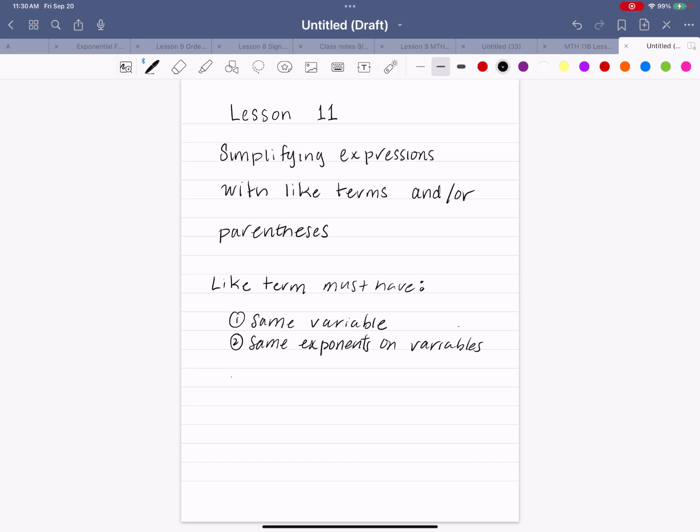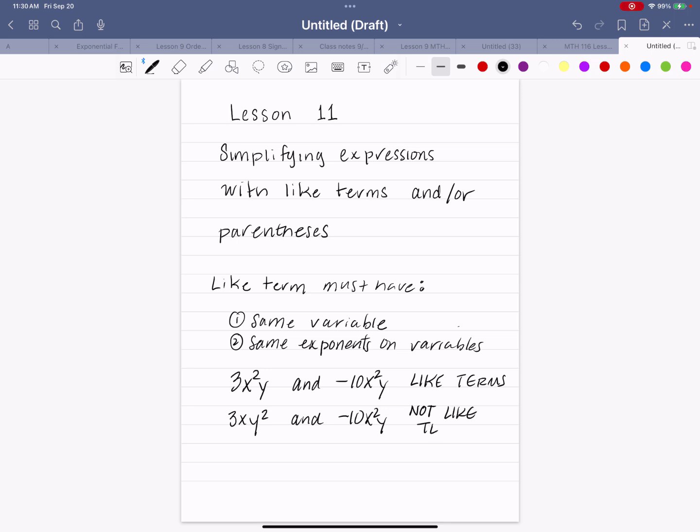So for example, 3x squared y and negative 10x squared y are like terms. Why? Because they both have an x squared and a y. Now, if I have 3xy squared and negative 10x squared y, these are not like terms.